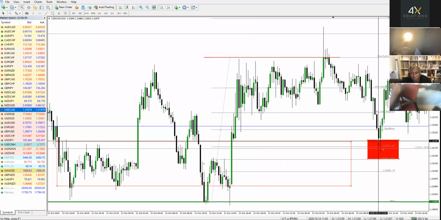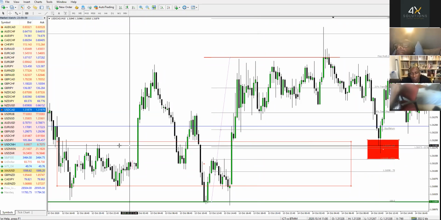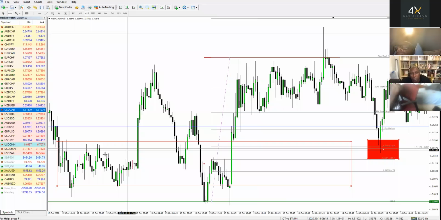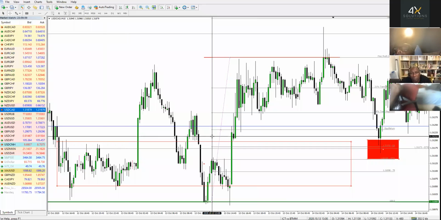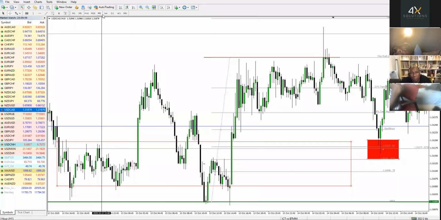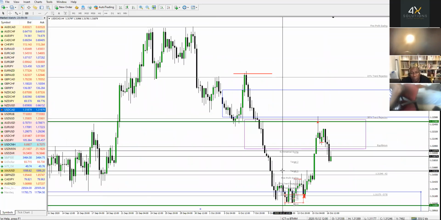Now, that's not the best discount level, but it also gives us opportunity to get in based on this 4-hour order block. So there's additional confluence. We've got a daily order block as well. So there's reason for price to go to that level over there.